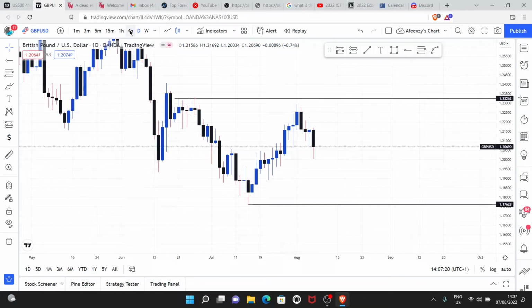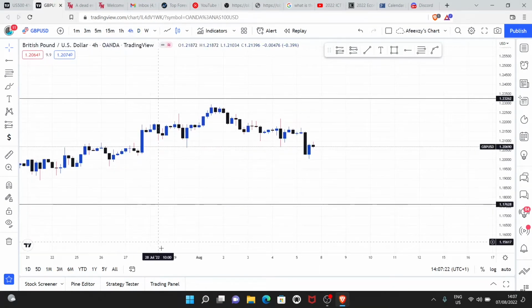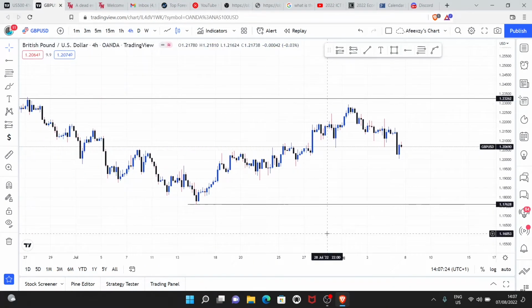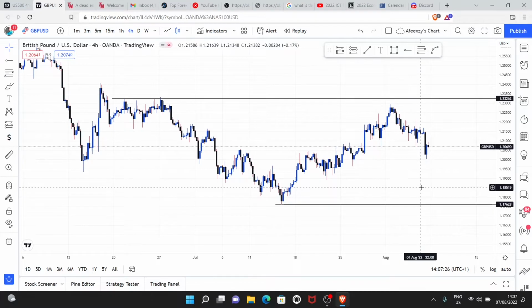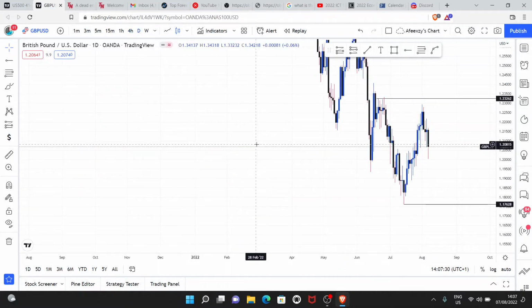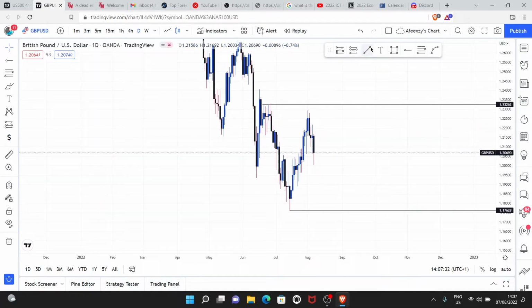Going down to our 4-hour time frame. On our 4-hour time frame, let me mark this fair value gap here that was being filled last week. I think it was filled 1, 2, 3, 4. Yeah, that was last week, but it also cleared the liquidity here before it dropped lower.